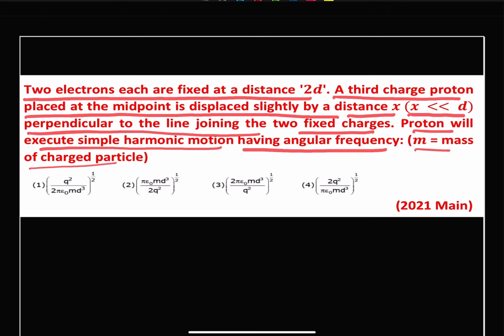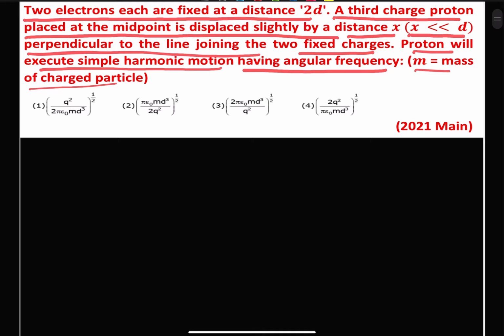So we can draw the basic figure for that. We are given that we have two charges, and this is our first electron, second electron, and the total distance between the two is 2d.